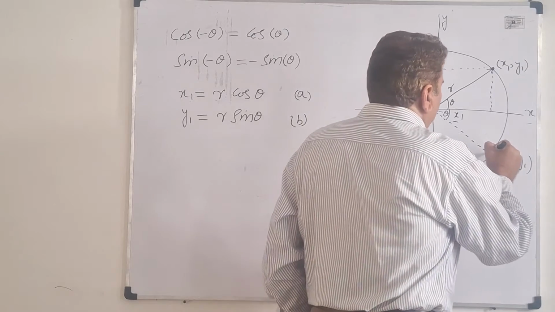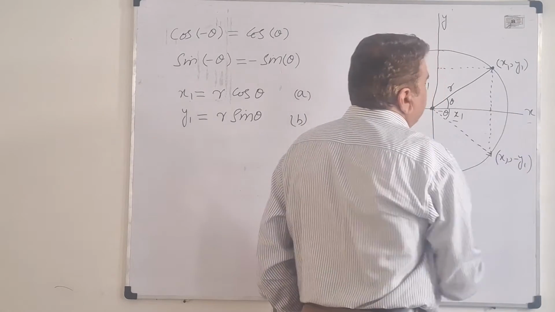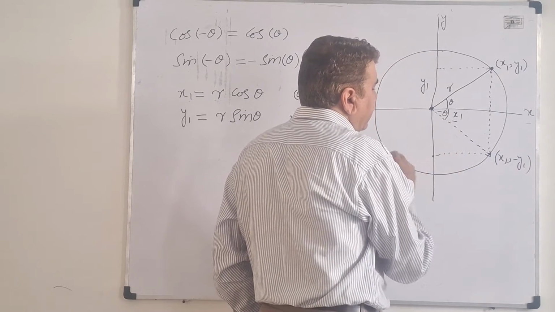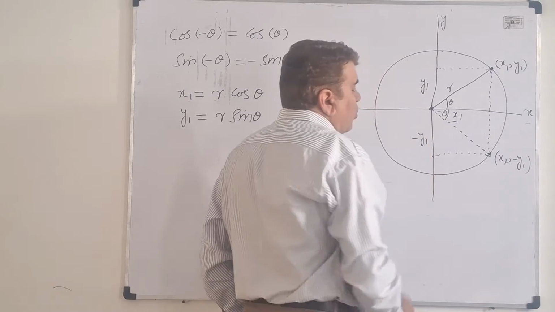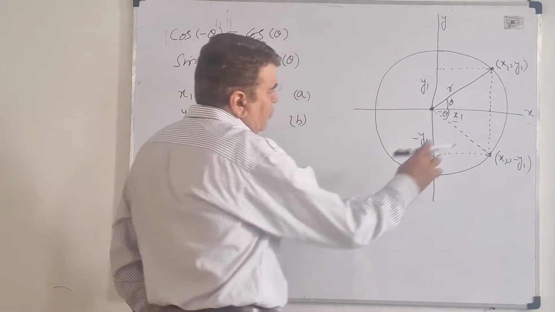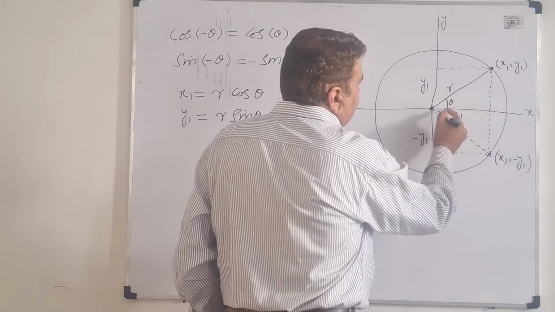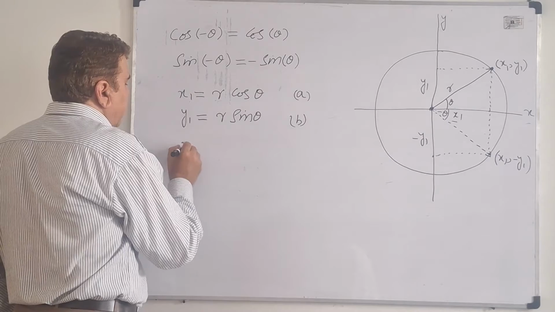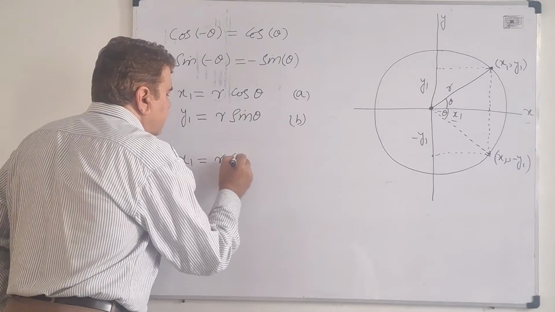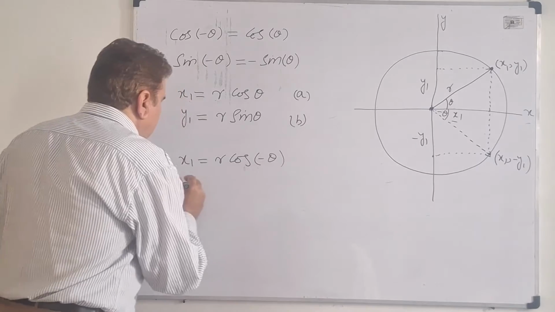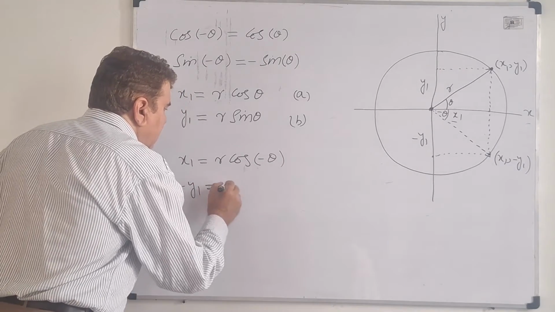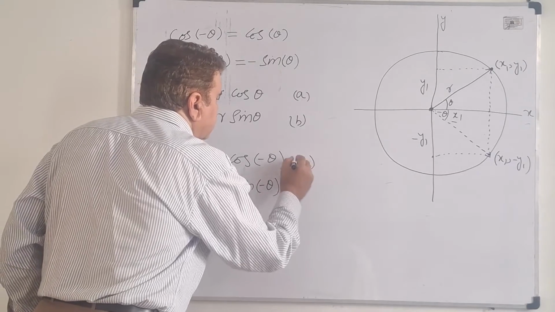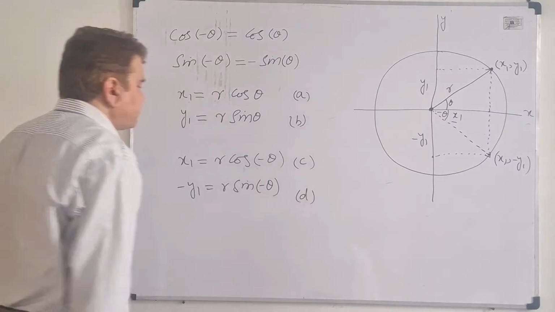If I drop a perpendicular from this point, it meets the x-axis at the same position, and on the y-axis it meets at this point, which is minus y1 distance. Using this right angle triangle, I can again assign values: x1 equals r cos(-theta), and minus y1 equals r sine(-theta). I call this C and this one D.